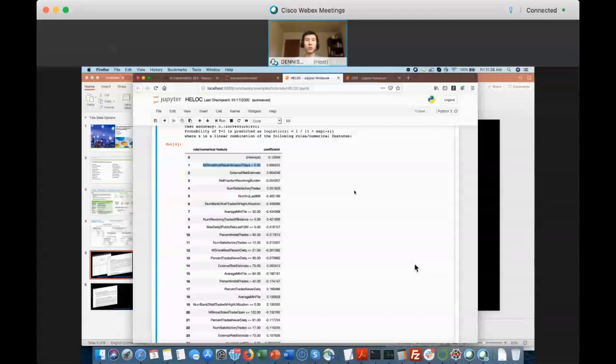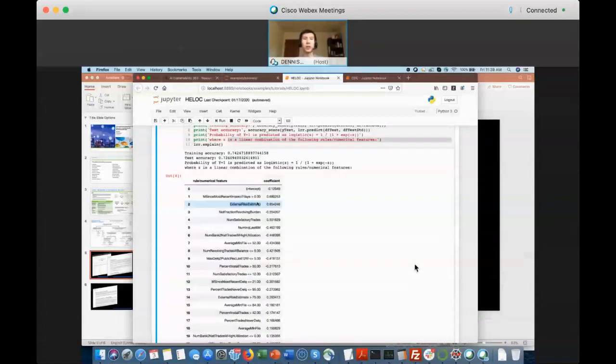If I quickly scroll back up here, flashing this binary matrix, these are the features that we're talking about. So these are the rule-based features, but the original features also make an appearance. So for example, this next one here, number 2, is external risk estimate. That's the consolidated risk score that I already explained. And this one is appearing without any comparison.